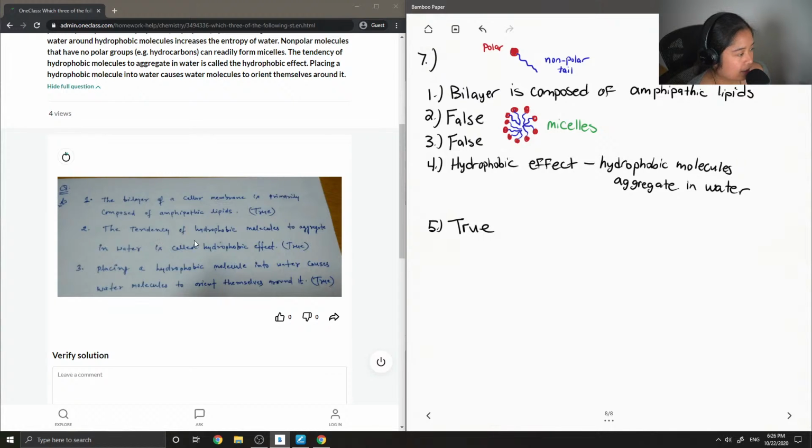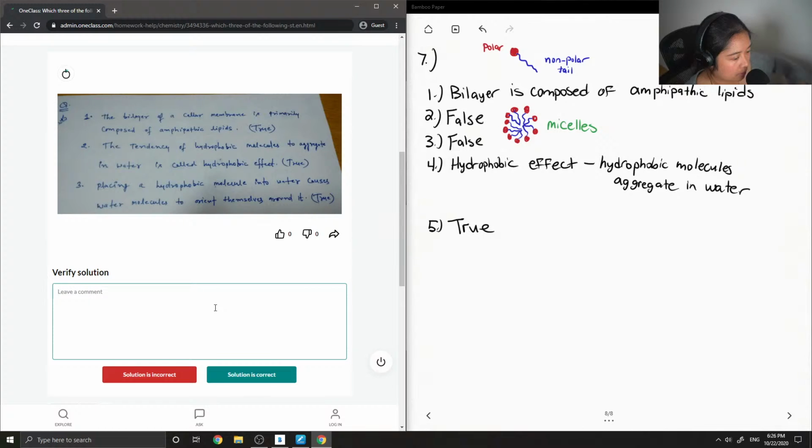The tendency of hydrophobic molecules to aggregate in water is called the hydrophobic effect. Then lastly, placing a hydrophobic molecule into water causes water molecules to orient themselves around it. So the solution is correct.